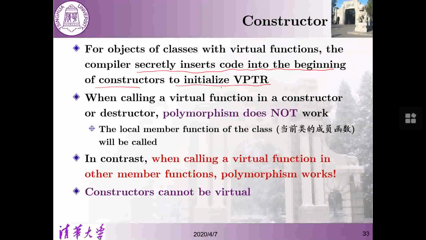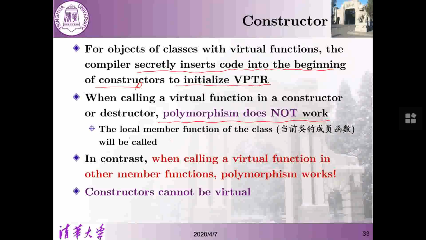The compiler does that in the constructors, to initialize the virtual pointer. When calling a virtual function in the constructor or destructor, polymorphism does not work. Because the object has not been fully constructed, polymorphism cannot work.